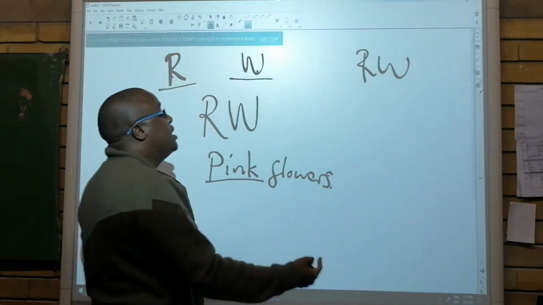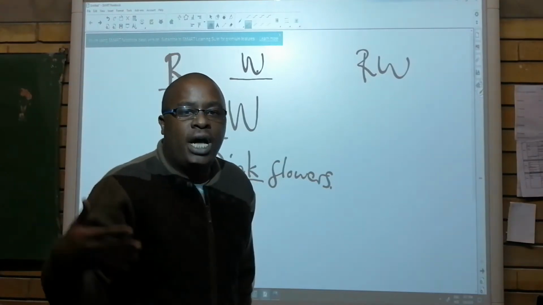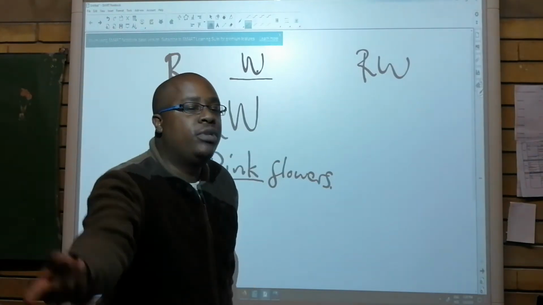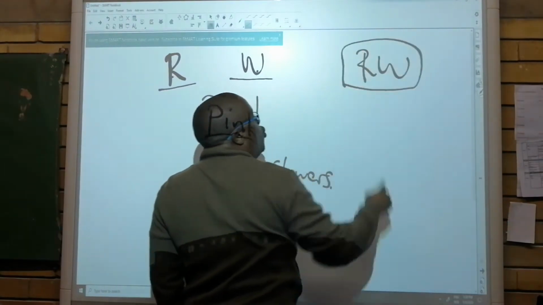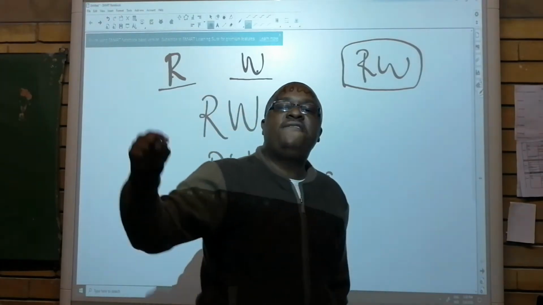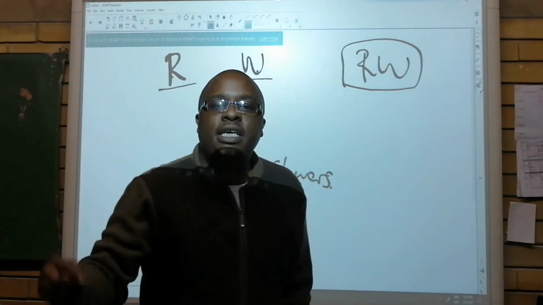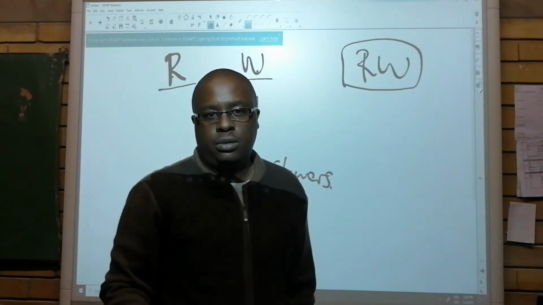why? Because they exhibit incomplete dominance. But as an example, for argument's sake, if they were co-dominant, then this heterozygous condition would not give us pink flowers. Instead, the phenotype would exhibit both characteristics of each allele.